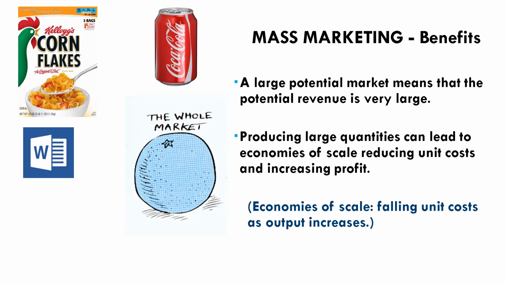And if they can reduce the cost of making a packet and decide to keep the price the same, then that will increase the profit that they make on every item that they sell. So two important benefits there: large potential market meaning large revenues, and potentially significant economies of scale, which are falling unit costs as output increases, gained by things such as bulk buying.